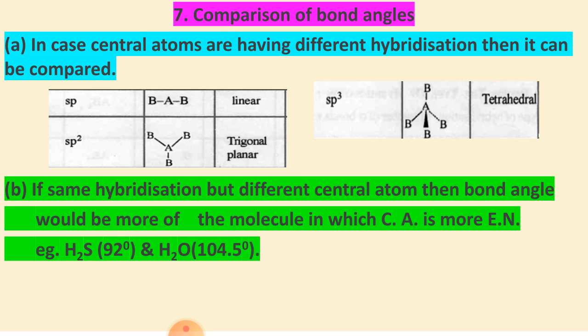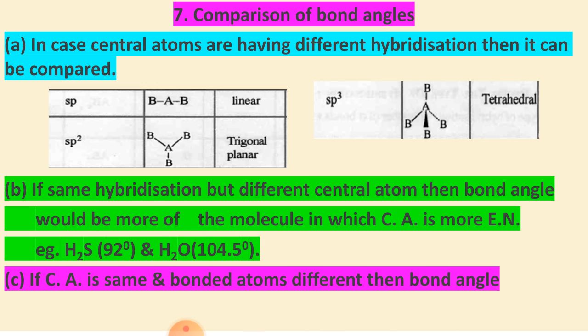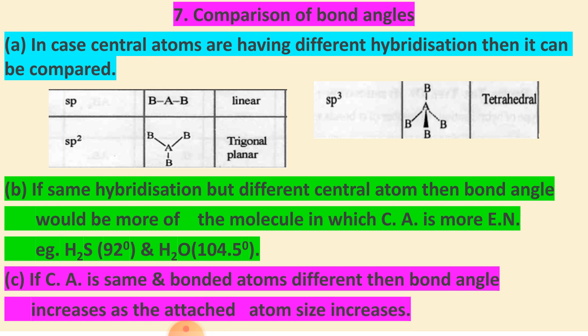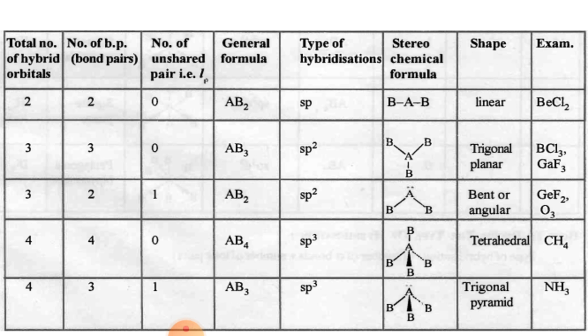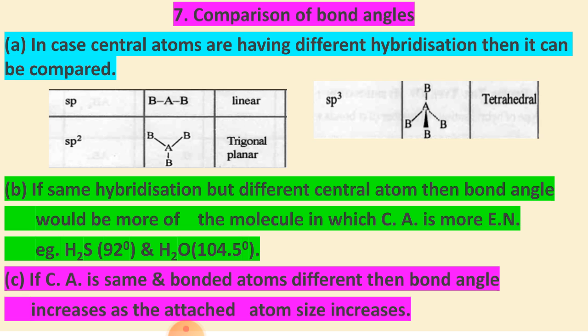So in this way you can also find the hybridization of different molecules. One more point you have to know: if the central atom is the same and the bonded atoms are different, then bond angle increases as the size of the attached atom increases. For example, out of BCl3 and BF3, which has the larger bond angle? Here the central atom is the same, boron, but the surrounding atoms, Cl and F, are different.